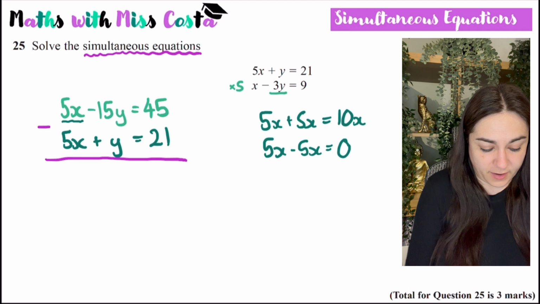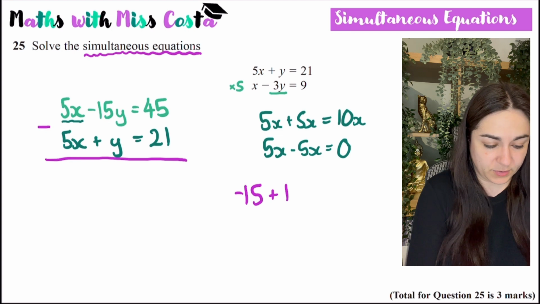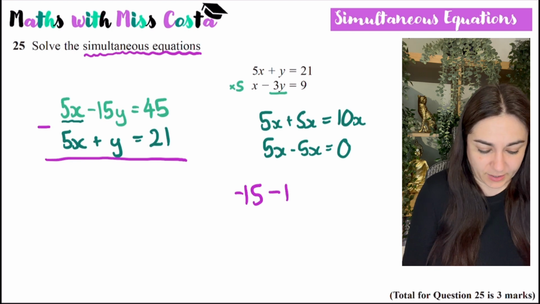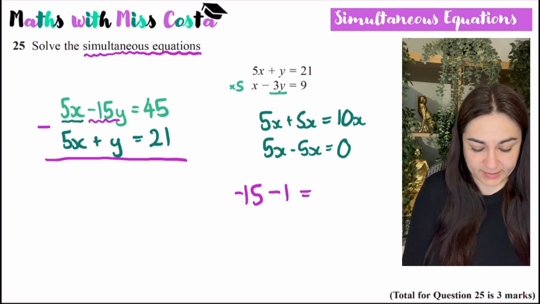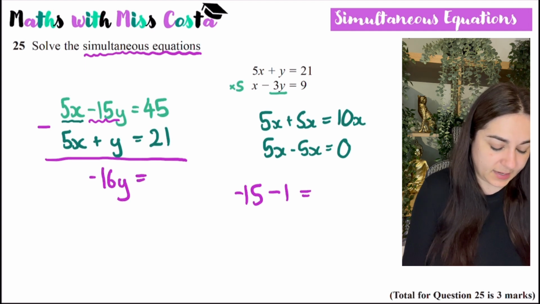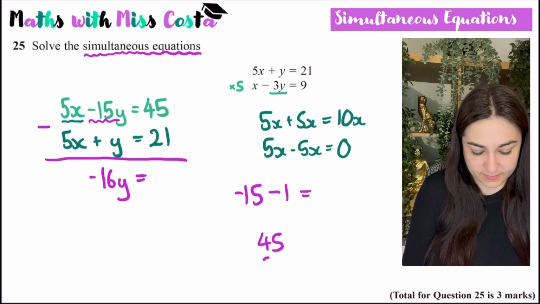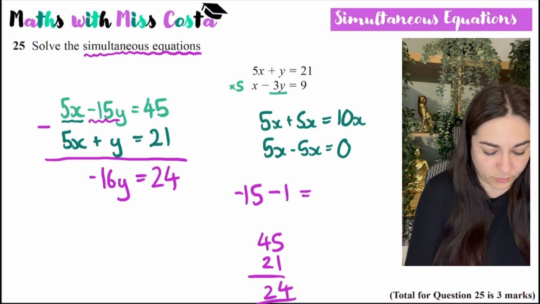So I've got 5x take away 5x is 0. Then I've got minus 15 minus 1, so minus 15 minus a positive y is going to give me minus 16y. And then 45 take away 21: 5 take away 1 is 4, 4 take away 2 is 2, so I'll be left with 24.